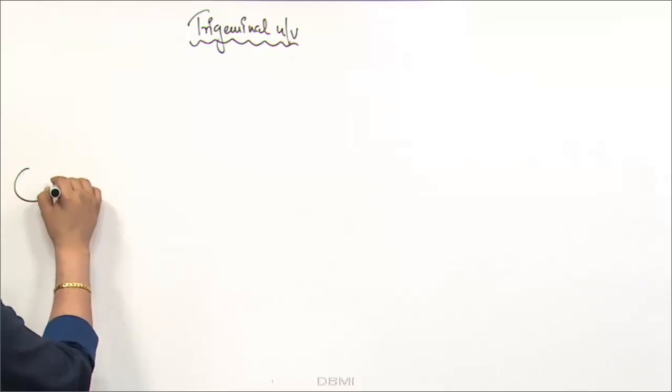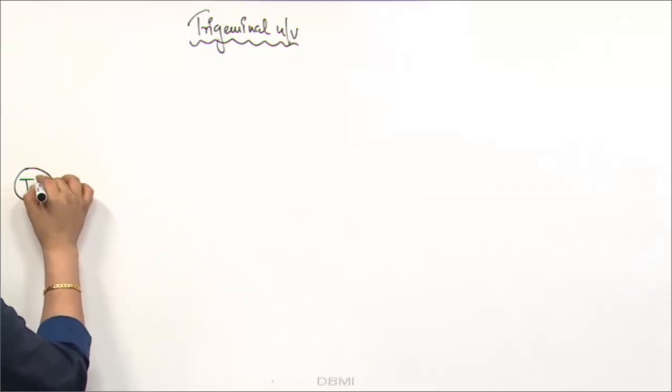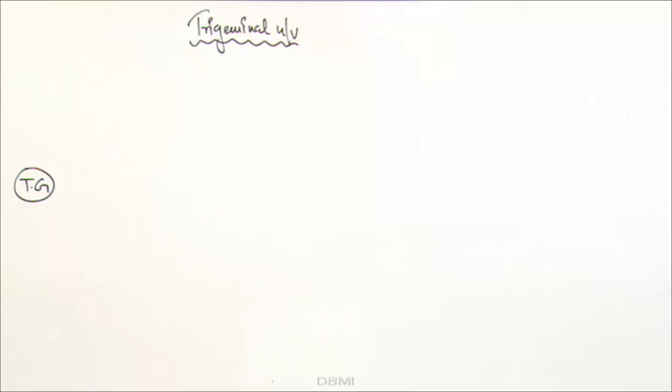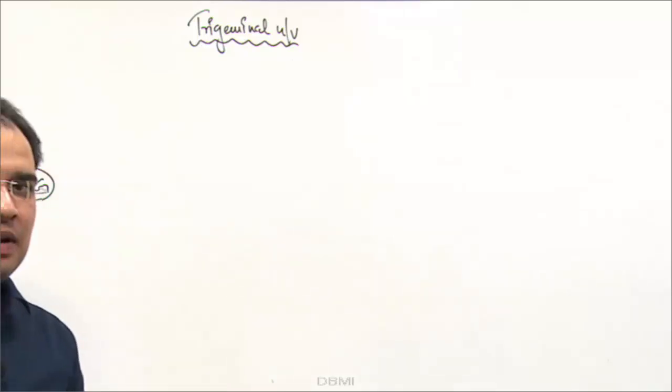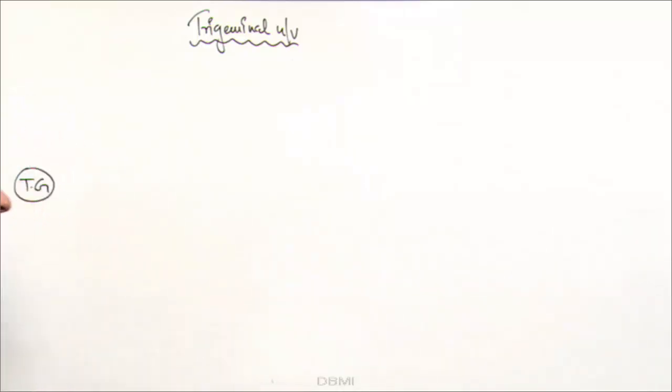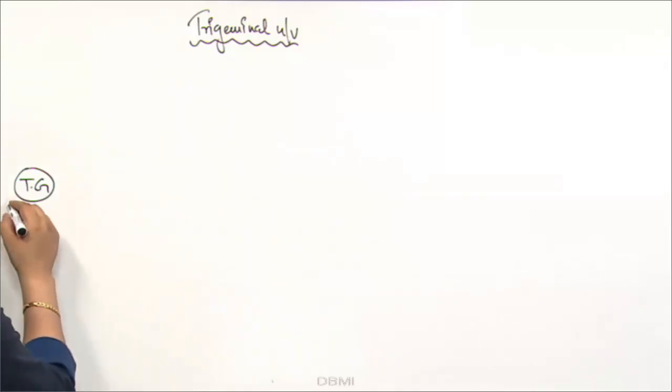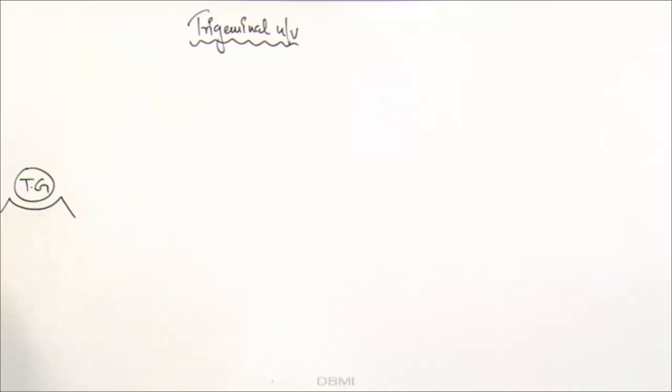Now let's say this is the trigeminal ganglion. I'm writing TG here. This is trigeminal ganglion, also called the Gasserian ganglion, and it is resting close to the apex of the petrous temporal bone. This cave is called Meckel's cave.